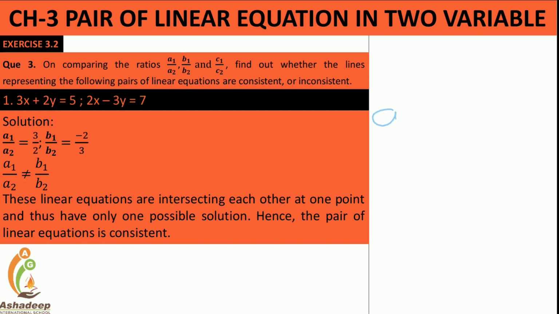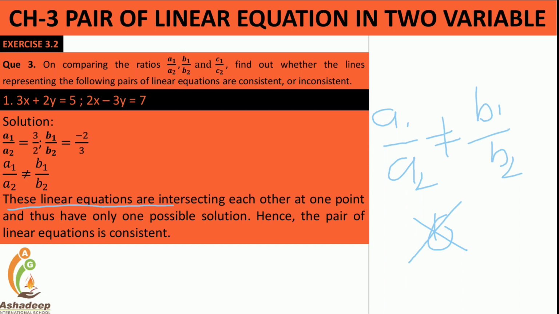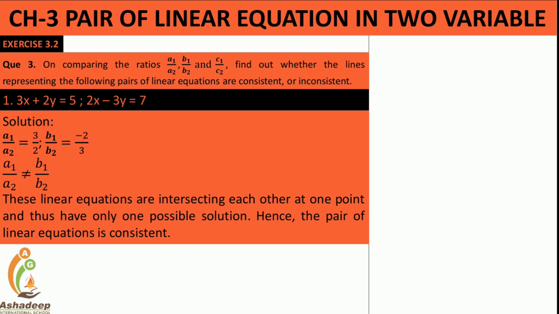See, a1 upon a2 is not equal to b1 upon b2. That means these lines have a unique solution. So these linear equations intersect each other at one point, thus we have only one possible solution. The pair of linear equations is consistent. Why consistent? Because we get the solution. If we don't get the solution, then it is an inconsistent pair.